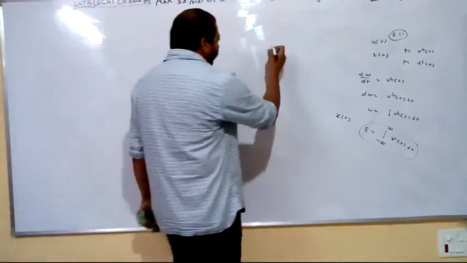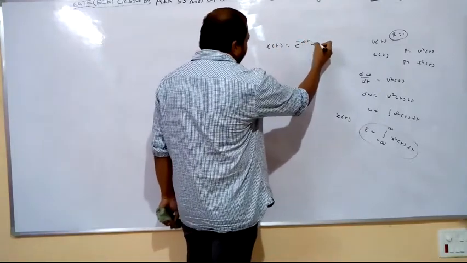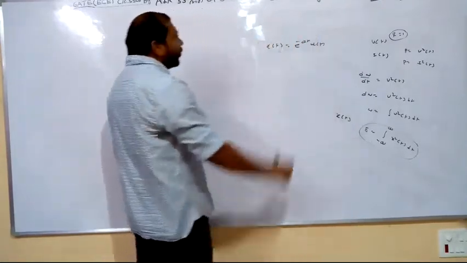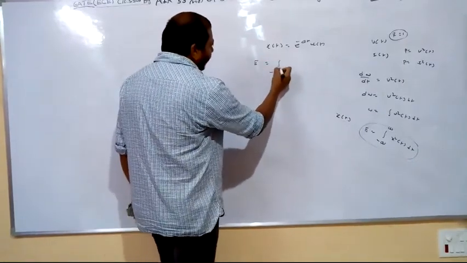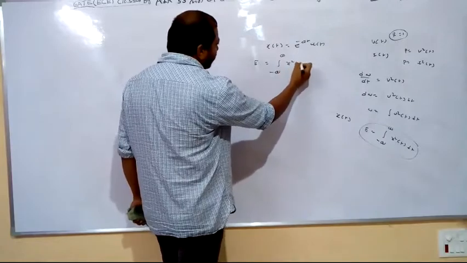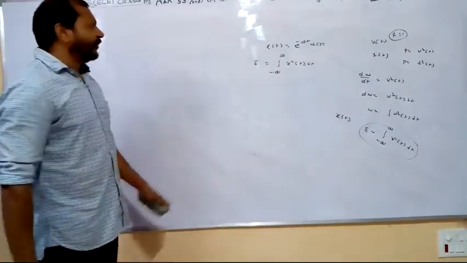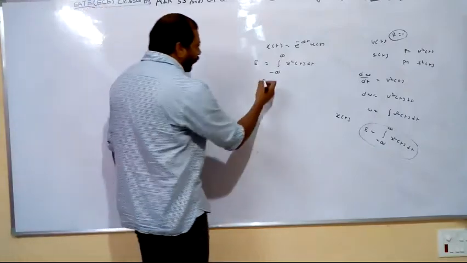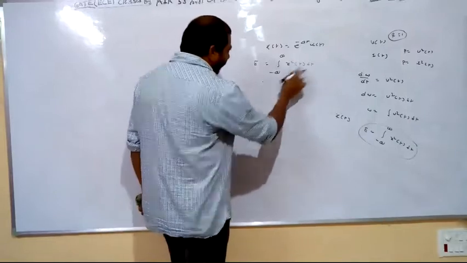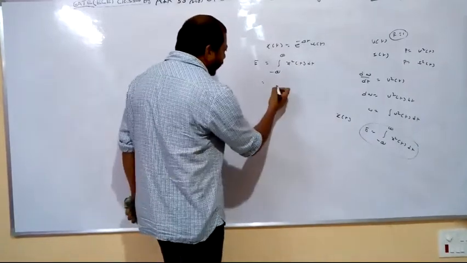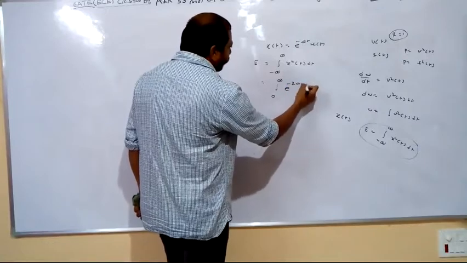So for any signal, I am considering here x of t equal to e to the power minus a t u of t. What is the energy of the signal? The energy of the signal is simply the integration from minus infinity to infinity of x squared of t dt. Because u of t exists from 0 to infinity only, we can represent this as the integration from 0 to infinity of e to the power minus 2a t dt.